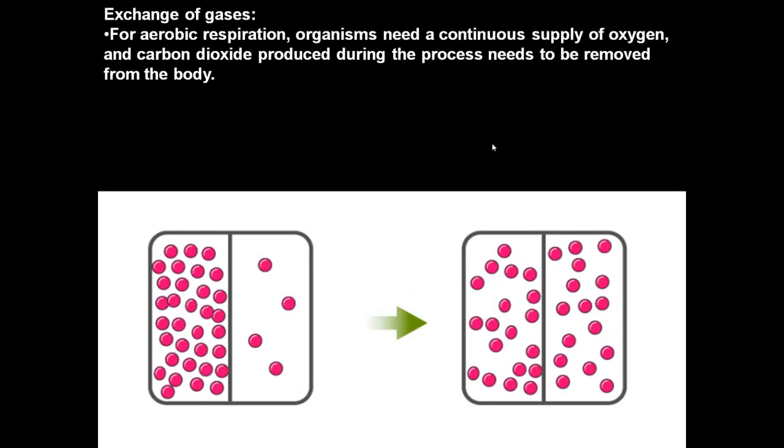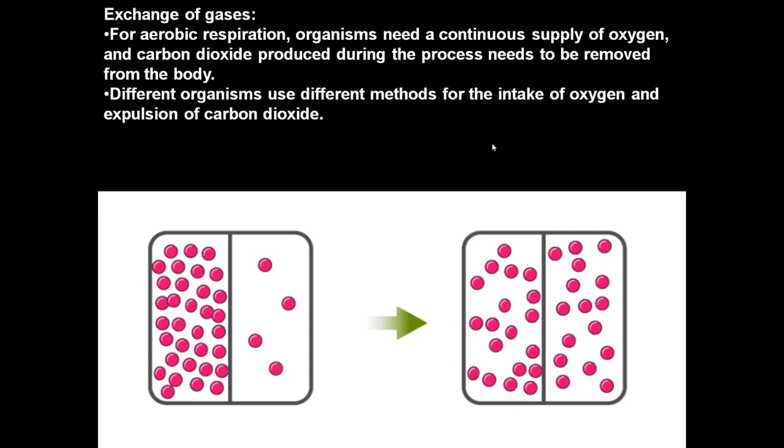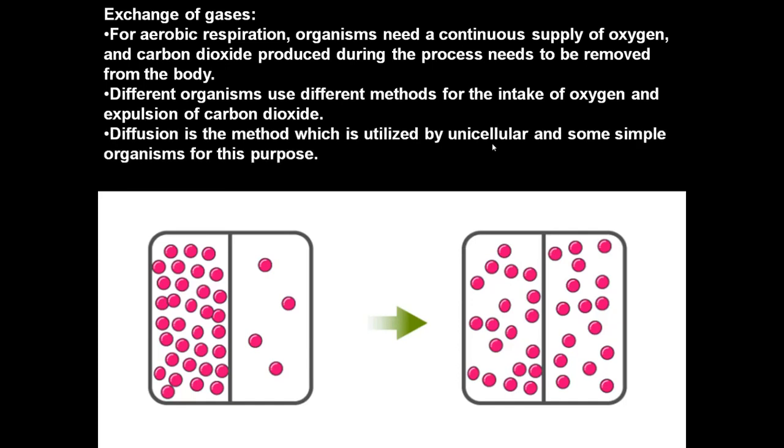Exchange of gases. For aerobic respiration, organisms need a continuous supply of oxygen, and the carbon dioxide produced during the process needs to be removed from the body. Different organisms use different methods for the intake of oxygen and expulsion of carbon dioxide.